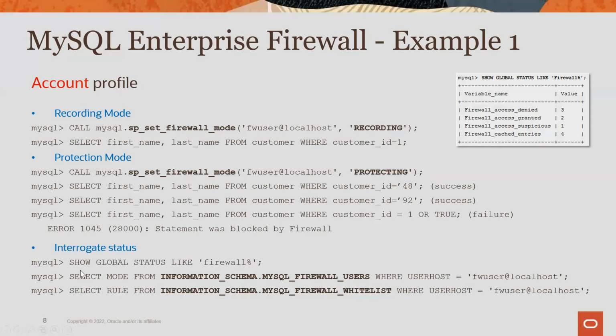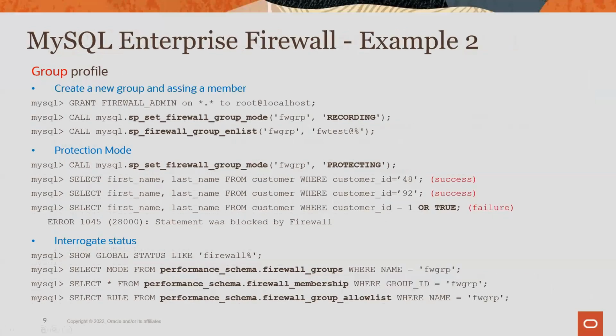In order to interrogate the status, you have various options. You can check the status by doing the show global status, or you can do also an interrogation of the information schema as well. All right. Now, here it is. It's an example using group profile, very similar to what we have seen before.